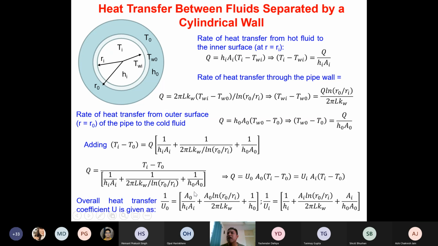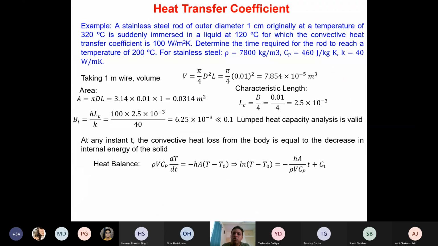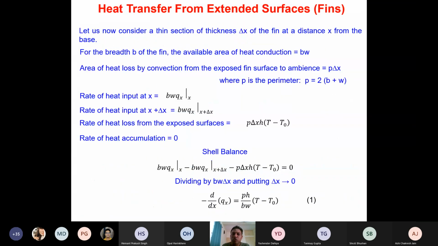This happens when we have a liquid flowing through a metal pipe and outside there is a gas. In such cases the most dominating resistance is the resistance offered by the film in the gas phase, because the thermal conductivity of the gas is going to be much lower compared to the thermal conductivity of the metal as well as the liquid. Okay. Based on this, one of the tutorial problems also we have solved.